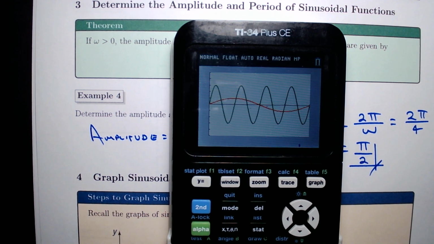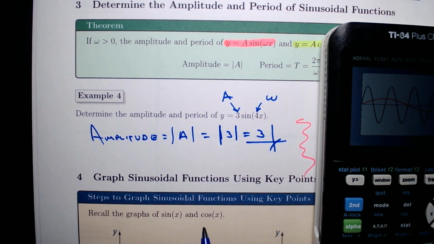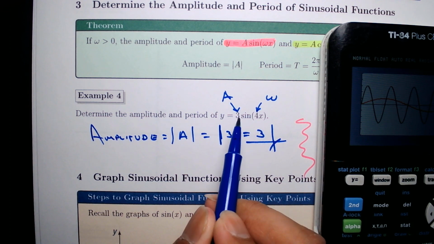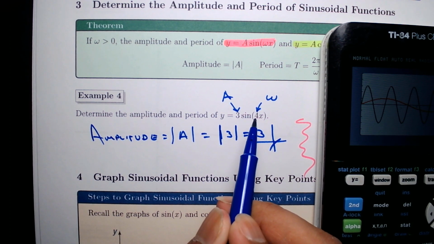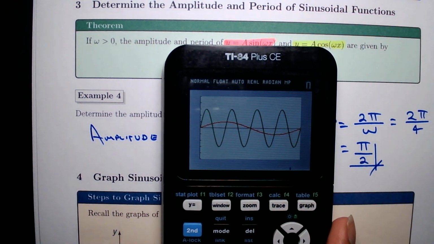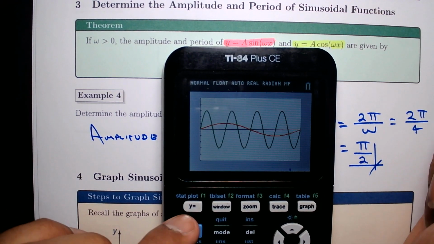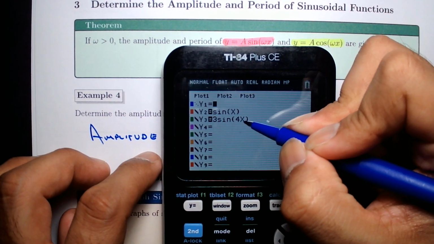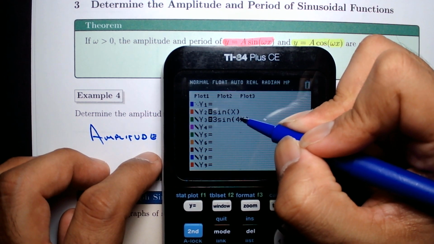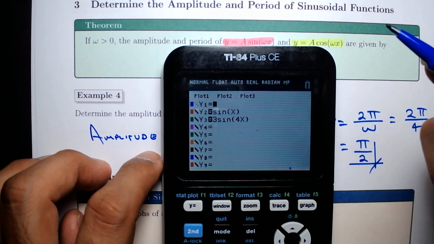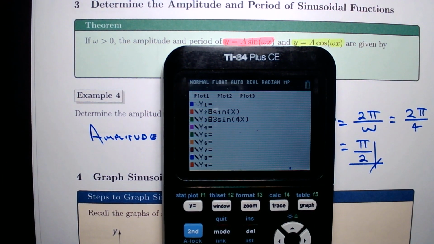That means that for the function 3 sine of 4x, this 4 means that this sine function oscillates 4 times as much as the original uncompressed function, so with respect to sine x. So 3 sine of 4x oscillates 4 times in the same amount of space in which sine x oscillates only once. That's pretty much what the period is, if you will.